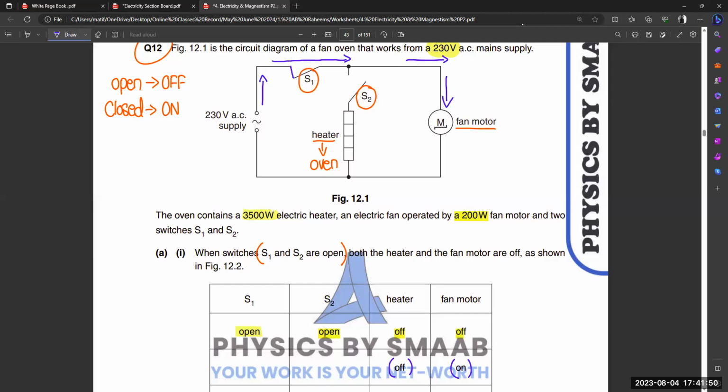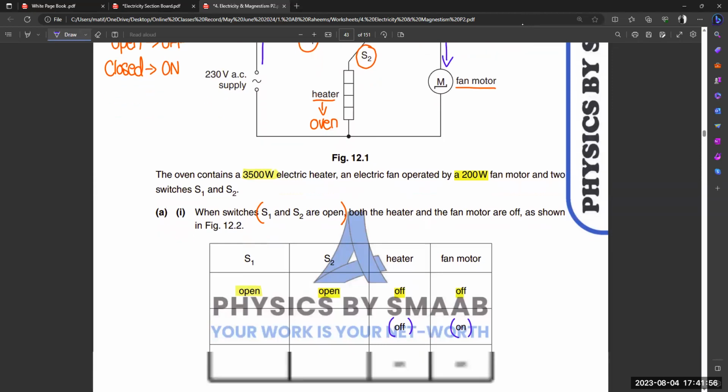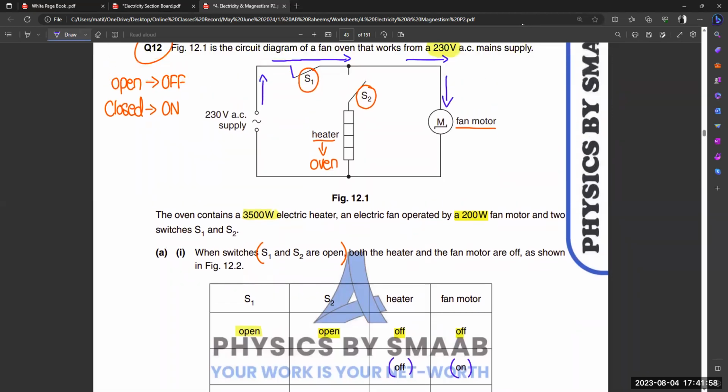There is a gap in S2, so the heater will not turn on because there is an incomplete circuit for the heater. So it means that we need to close S1 and S2 remains open, right? So the blue one is for the second part.